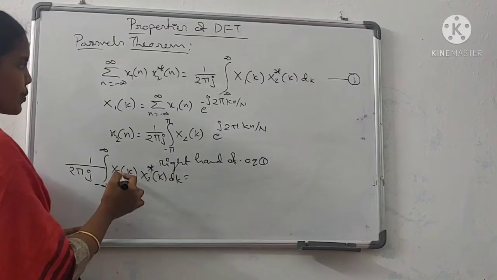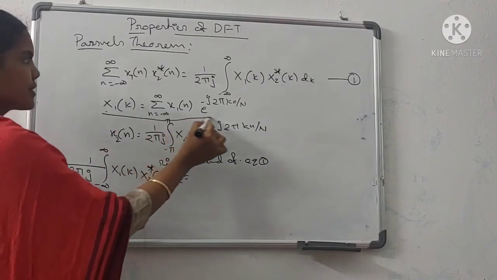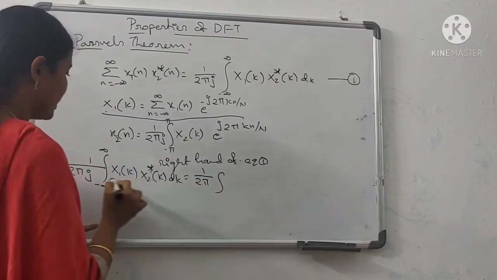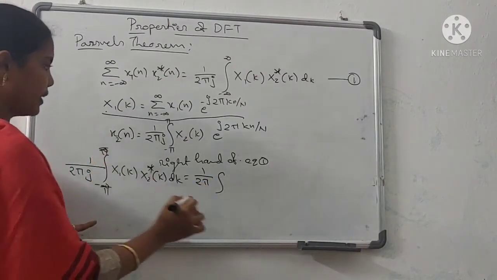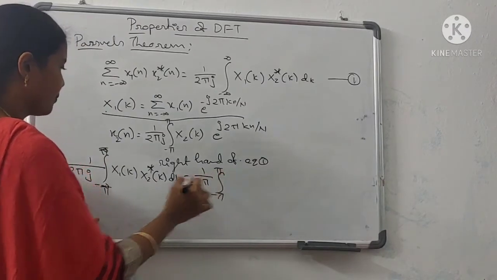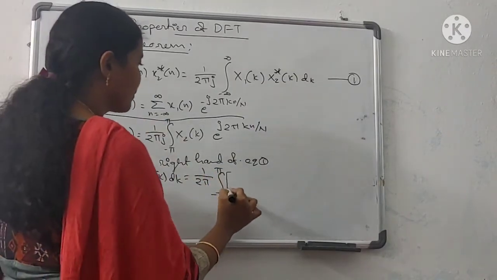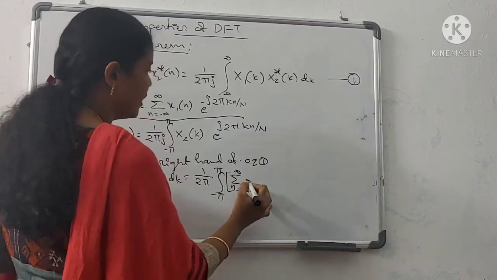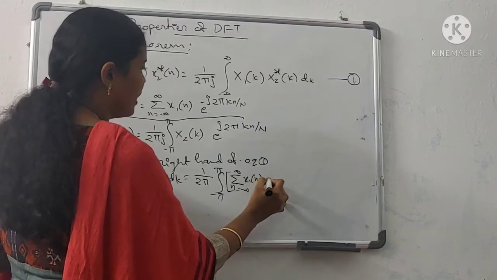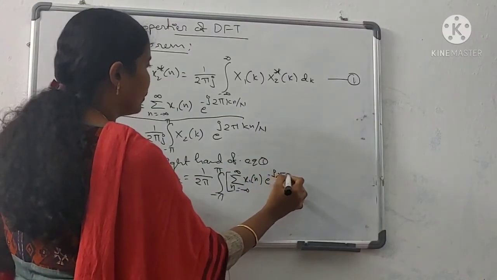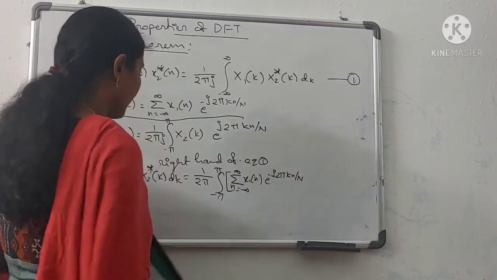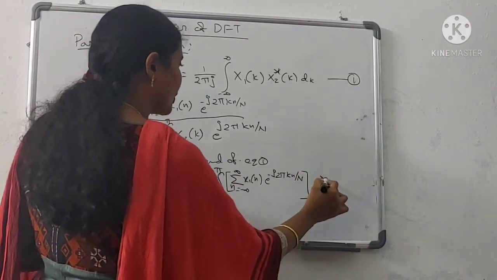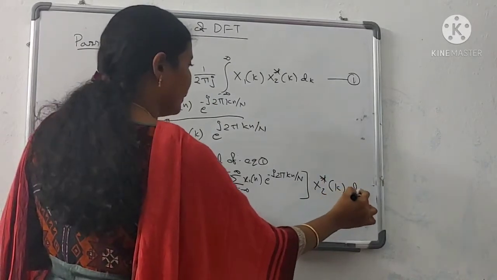So here what is x1 of k? x1 of k value is this one. Then substitute: 1 by 2 pi j integral, you have to take the limits from minus pi to pi. x1 of k is what? Summation n equals minus infinity to infinity of x1 of n e power minus j 2 pi kn by n, okay, into x2 conjugate of k dk.